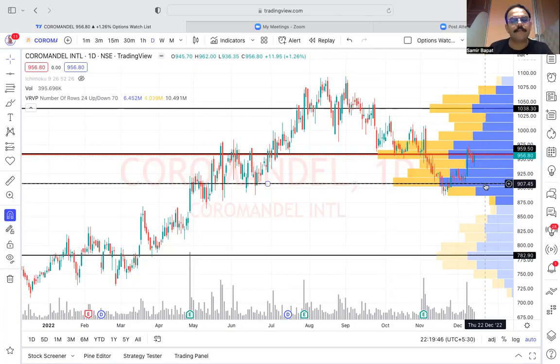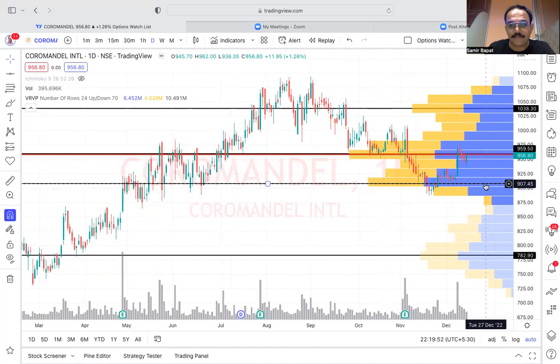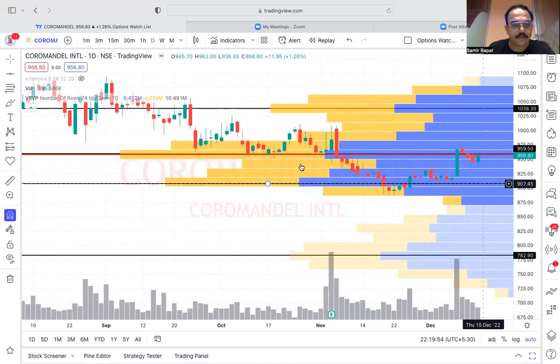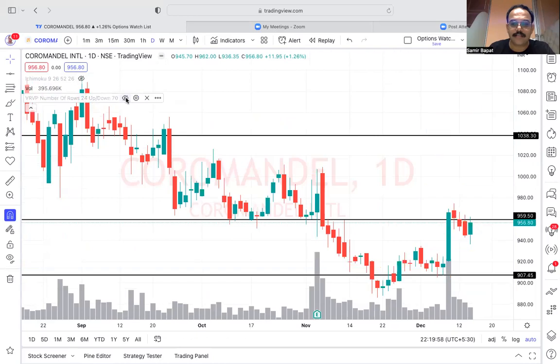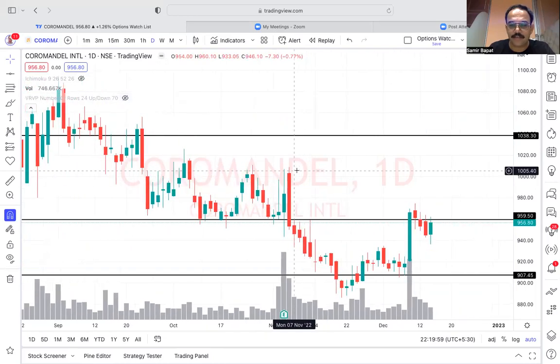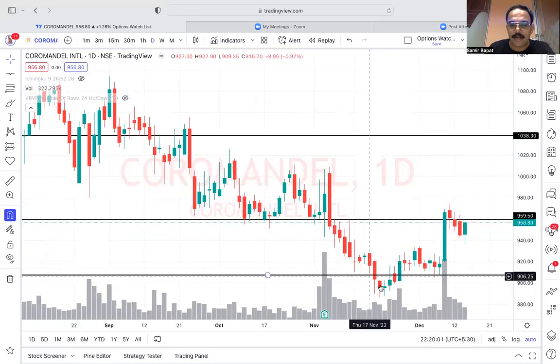Second, we have to see the reversal patterns when they start to form at these levels, right? If you zoom in, that is the second thing we are going to learn: the reversal patterns. And see, this is where the Harami pattern is forming, right?